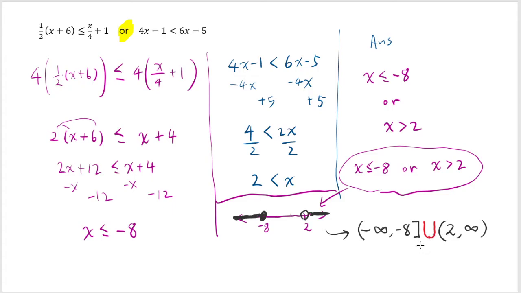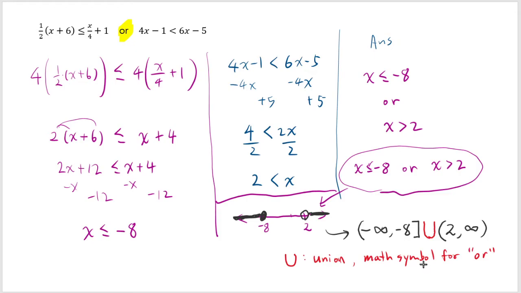Okay? So U is like a symbol. U is the symbol for the union, and it's a math symbol for "or".